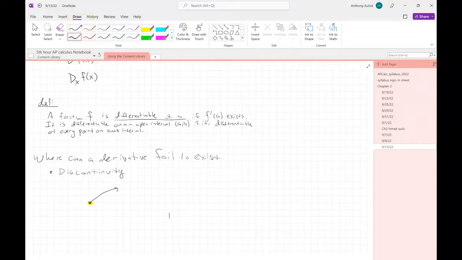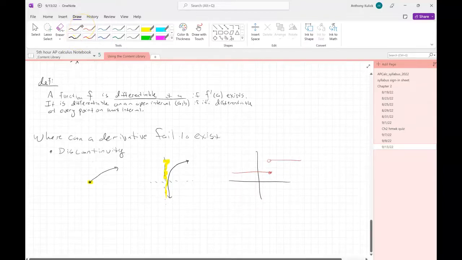If we have something like the natural log of x, there's an asymptote in there, some kind of discontinuity like that. Or if you had something like a step function where there's a jump discontinuity, any of these things are going to present a problem for us.